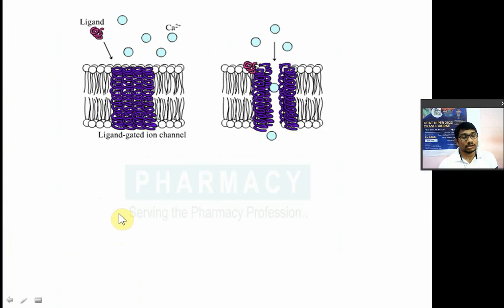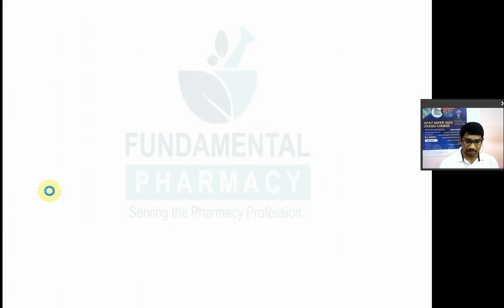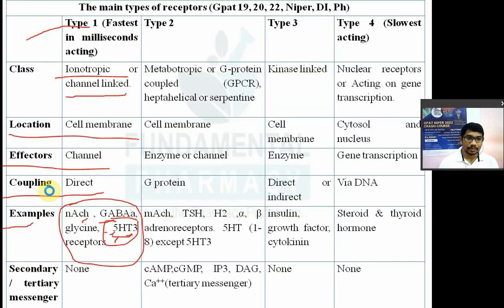A question has come 2-3 times, see what kind of question came. All serotonin receptors are G protein coupled receptors except 5-HT3. All serotonin receptors are examples of G protein coupled receptors except the serotonin 3 receptor.